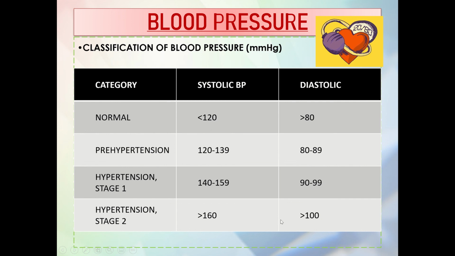That is not just a single reading, meaning this is what is commonly obtained from the patient during the visit. So it can be classified as hypertension stage 2. Again, the usual or the normal is 120 over 80.